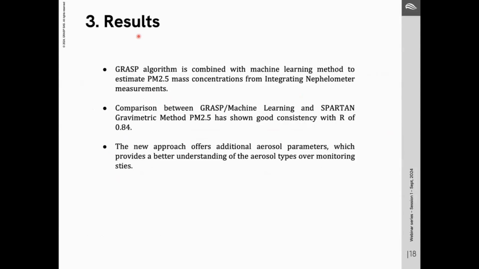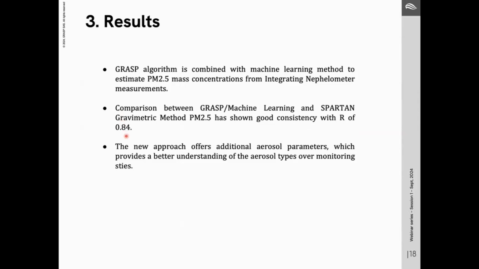To make a short summary, what we did is combine the GRASP retrieval algorithm with the machine learning method to estimate the PM2.5 mass concentration from the integrated nephelometer. And the result has shown very good agreement between our PM products and the PM provided by the SPARTAN network, with a correlation coefficient of 0.84.